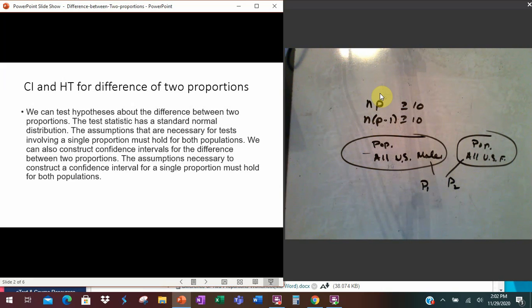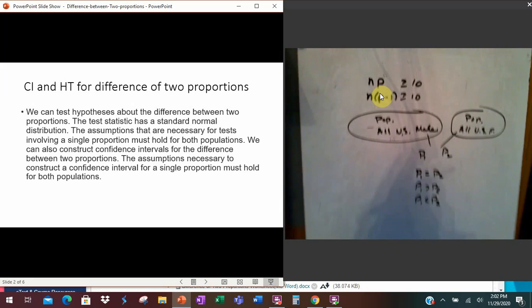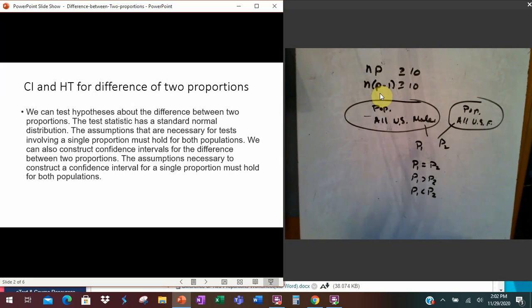So that's kind of what we're going to do and see if there's actually any difference. So we could be looking at is P1 equal to P2, or is P1 greater than P2, or P1 less than P2? So those type things. Okay, all right. So that's what we're going to be doing.